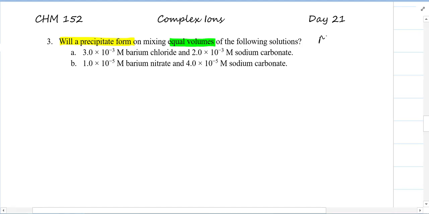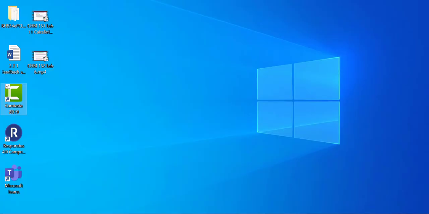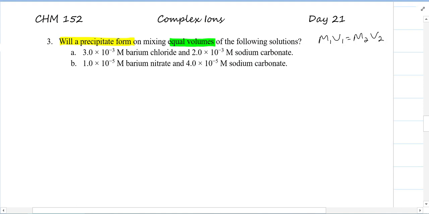Well, we're mixing, M1V1 equals M2V2. So if I'm mixing equal volumes, my volume, it doesn't matter what it is, let's say 500 milliliters, and then 1,000 milliliters, it's just double, 1 and 2.